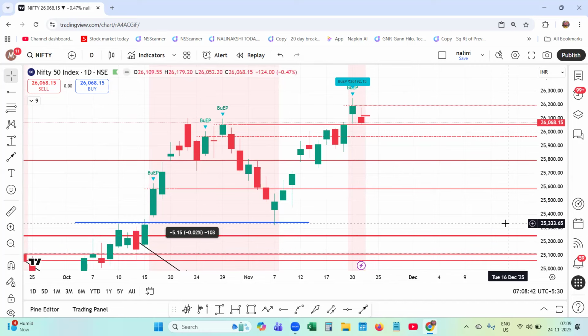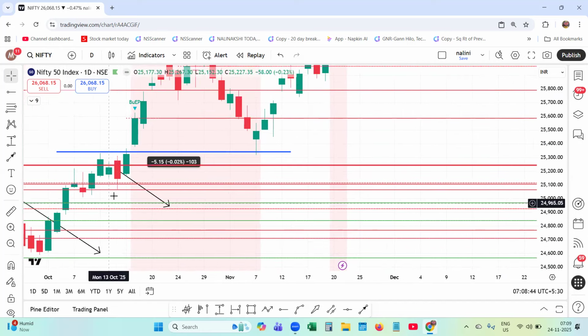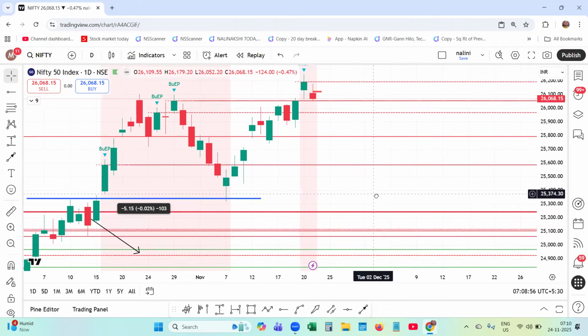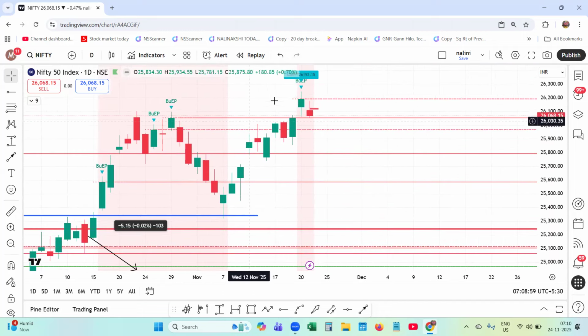Only, we are not seeing put writers over here. If you go there, put writers are in between call writers, and here we are seeing only call writers. And the market, after moving higher, reclaimed this level.